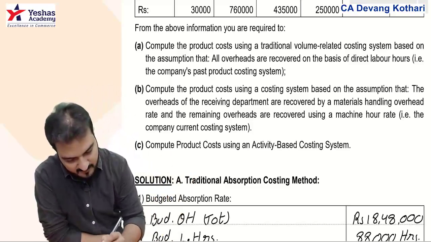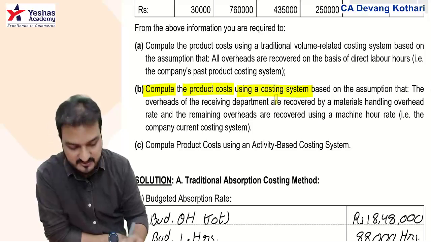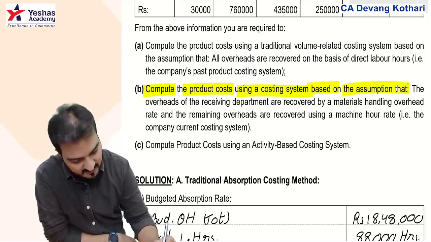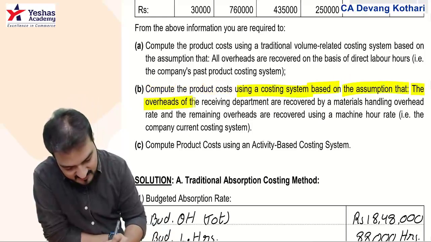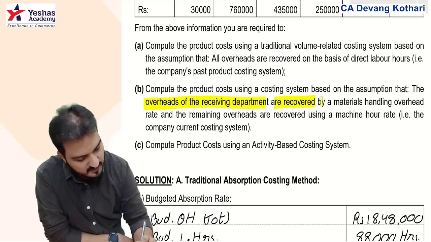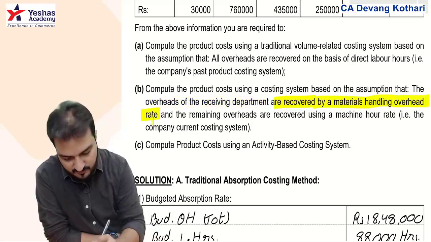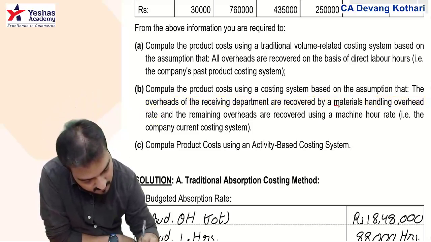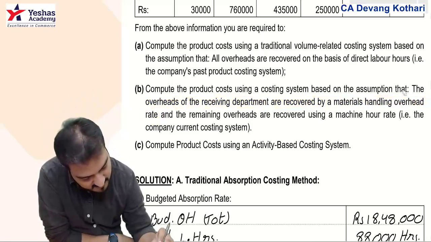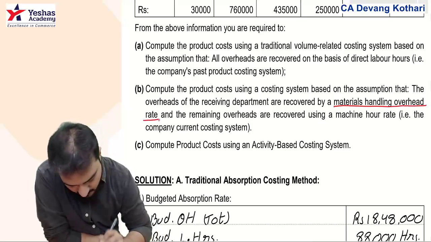We'll read part B. Compute the product cost using a costing system based on the assumption that the overheads of receiving department are recovered by material handling overhead rate. Now this is new. Material handling overhead rate. Underline that.